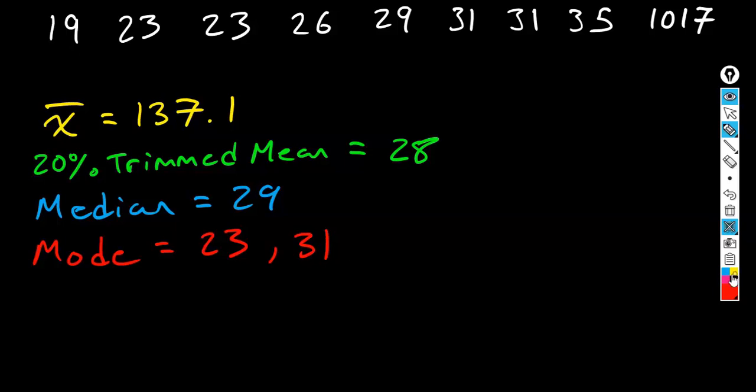So just going back through those, we're going to place those along our data. With our arithmetic mean, we've got that 137.1. That is where that yellow line is. That is where our arithmetic mean falls, right?